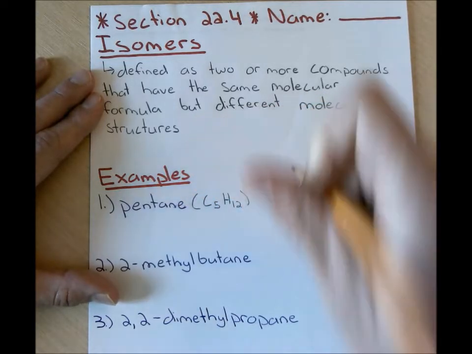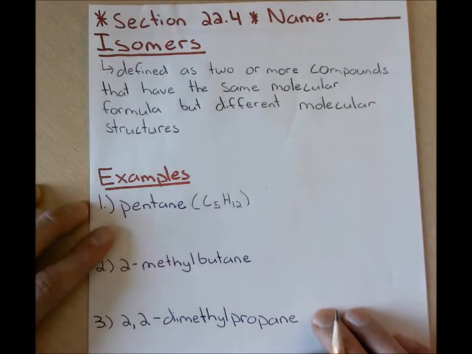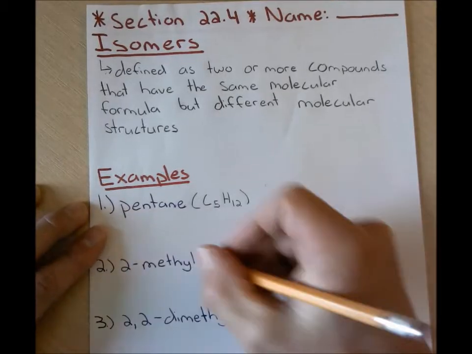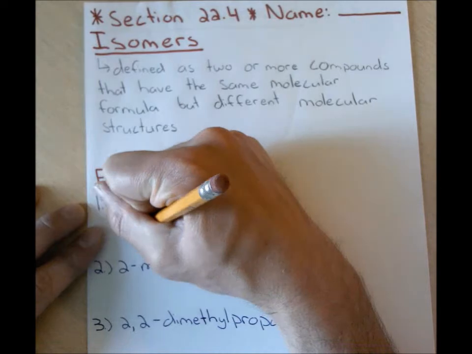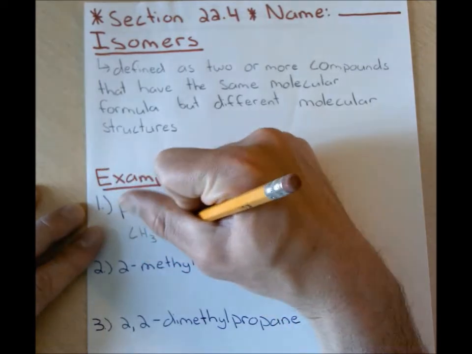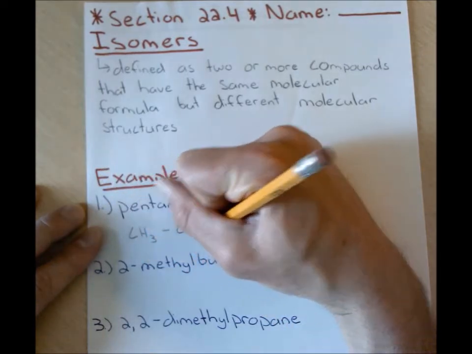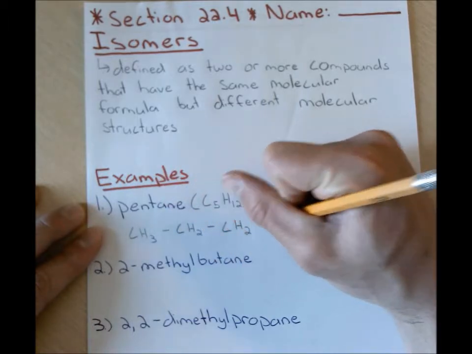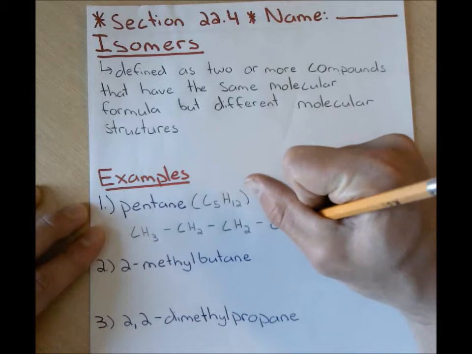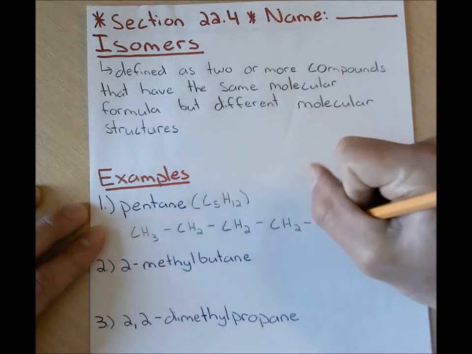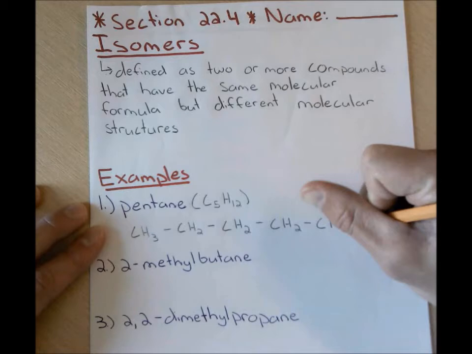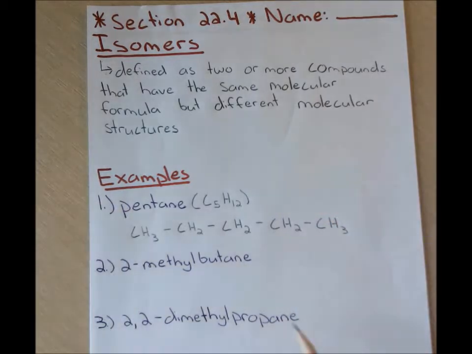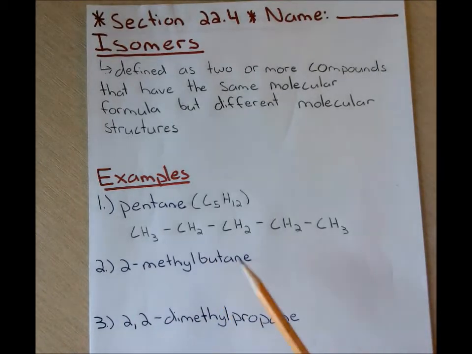If we were to draw the structure of pentane, we would have CH3, connect it to another carbon, CH2, then another CH2, once more CH2, and then end with CH3. You can count that up: there are 5 carbons and 12 hydrogens.